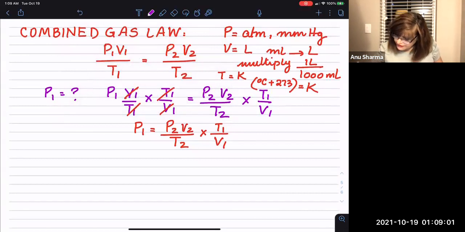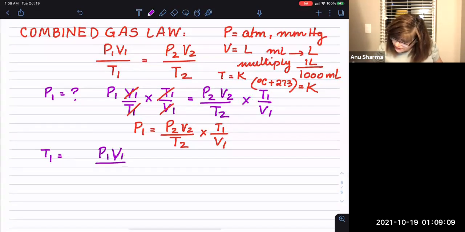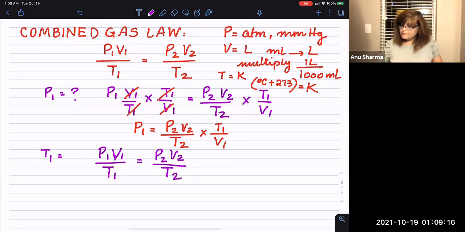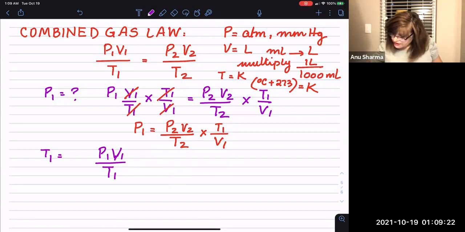Okay, now let us say there's another transformation in which you are supposed to find T1. Let us say T1 needs to be found. Then how would you do it? In this case, you have P1 V1 over T1 is equal to P2 V2 over T2. Okay, so what you're going to do first is we need to find T1, so we need to bring T1 to the other side.